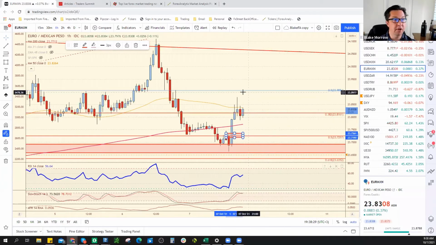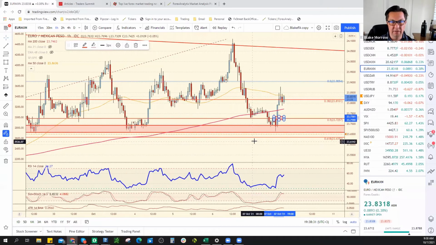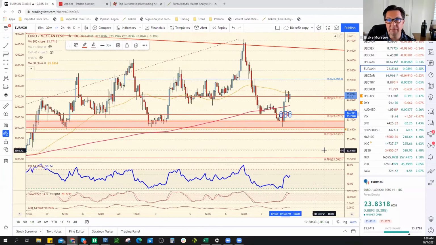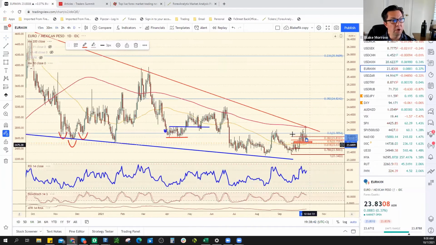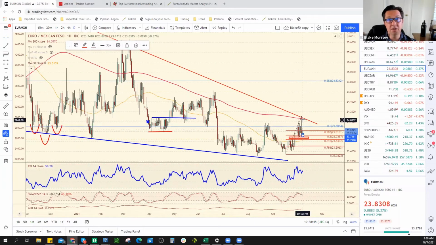I just didn't want to have the dollar exposure alongside of it because I've got some dollar longs that I'm trying to figure out what I want to do with over the course of the next 12 hours or so. But I do think that with the Euro Mex, we get a good daily close above the 200-day moving average. That's kind of where I want to be.